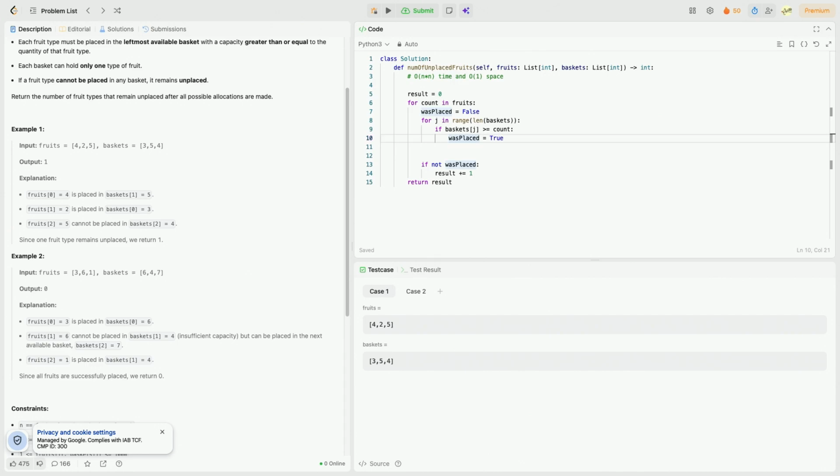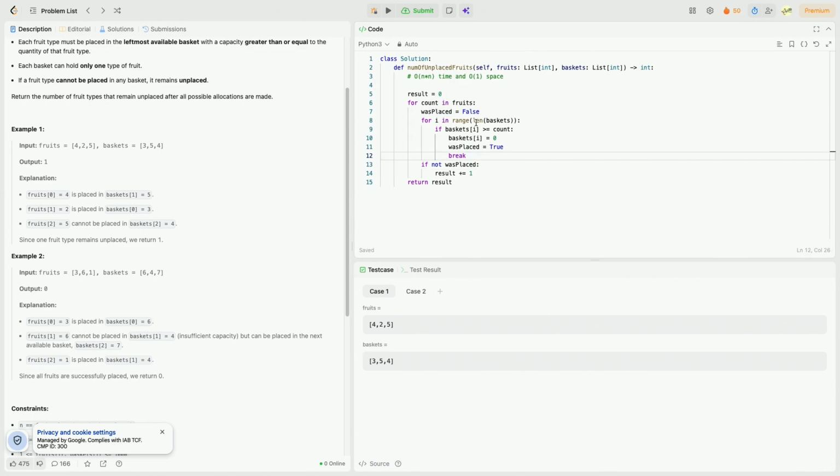And we cannot reuse the basket for anything else, right? Because every basket can only contain one type of fruit. So we just set this to 0 and we break out of the inner loop. Okay, cool. So that's what we do.